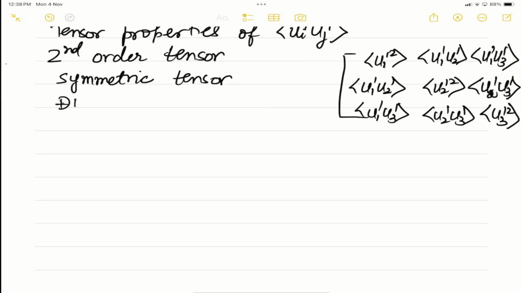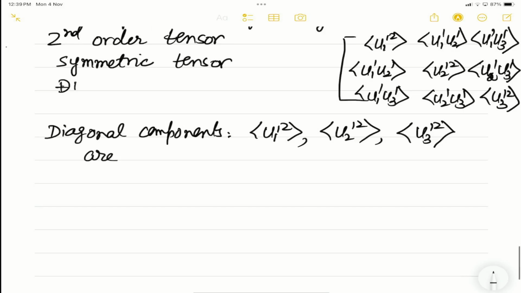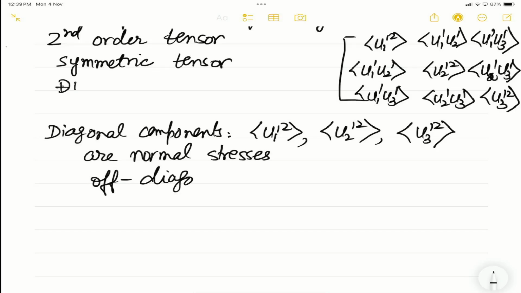Now, the diagonal components, which are u1 prime square, u2 prime square, u3 prime square, are the normal stresses, and the off-diagonal terms are the shear stress terms.